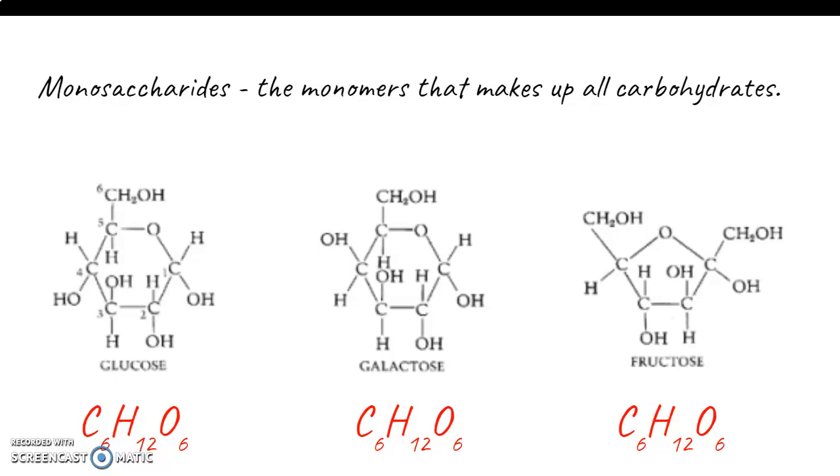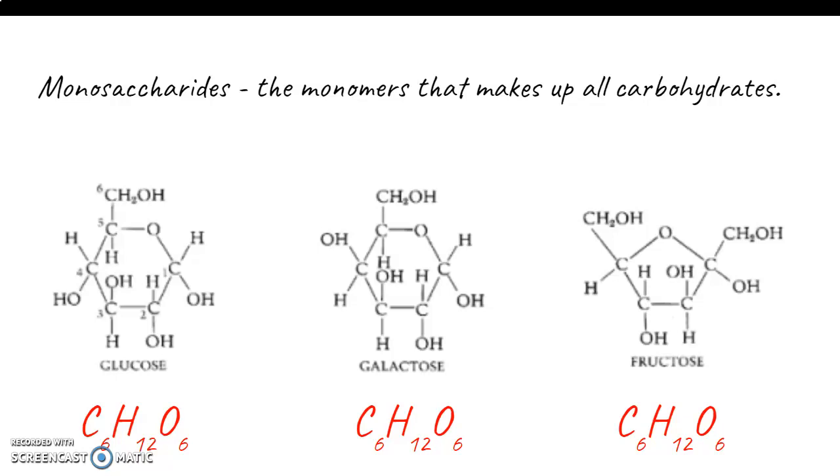It is the smallest version of a carbohydrate, just like one brick would be the smallest version of a brick wall. You're seeing three examples here, and I'm assuming at least two of them are kind of familiar to you. Glucose, galactose, and fructose are three different monosaccharides. They are the smallest version of a carbohydrate.